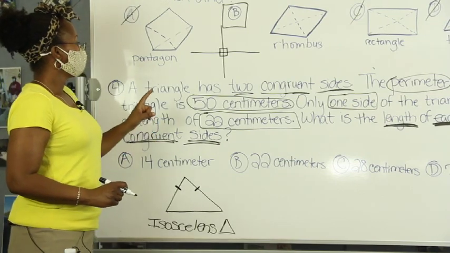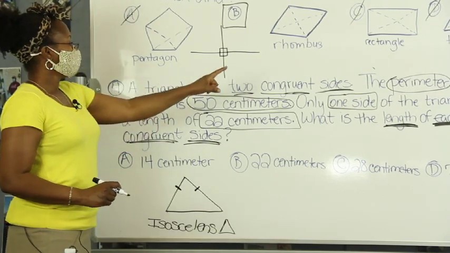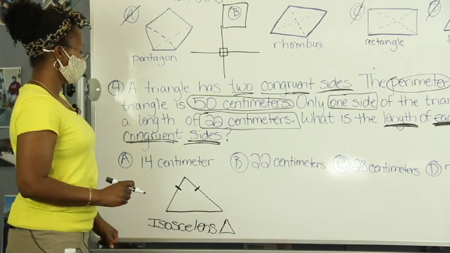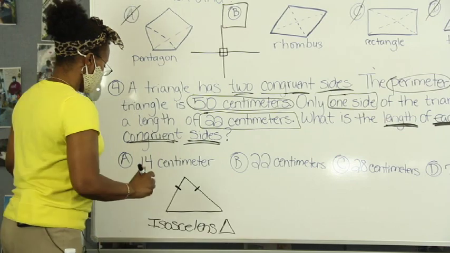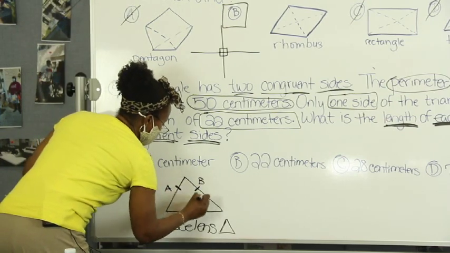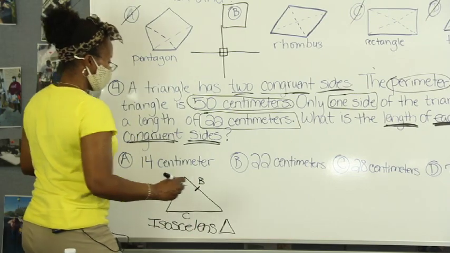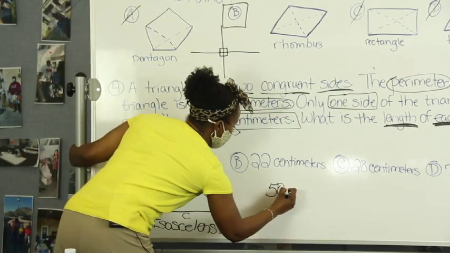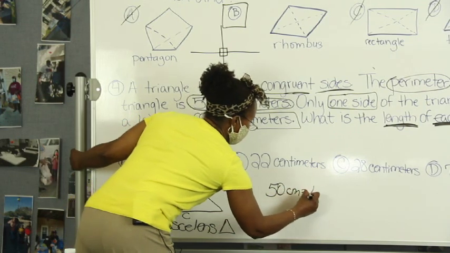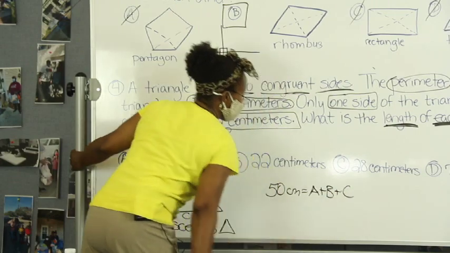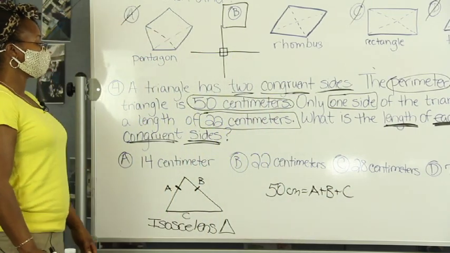Now, we know that the perimeter is equal to 50 centimeters. So I'm just going to label these sides A, B, and C. So we know that 50 centimeters is equal to A plus B plus C. Okay? These are the things we know.